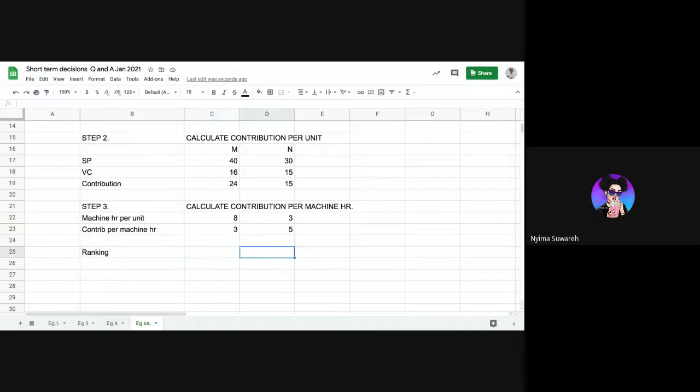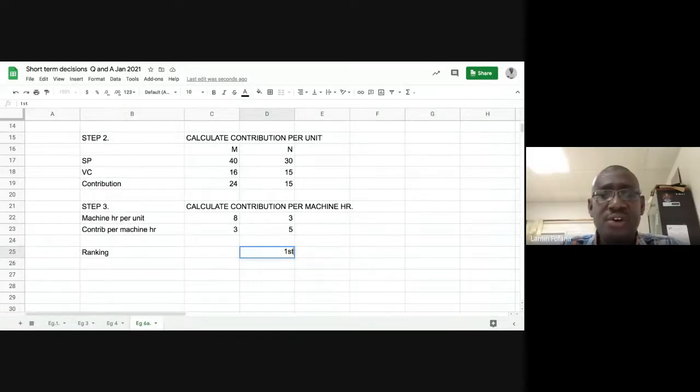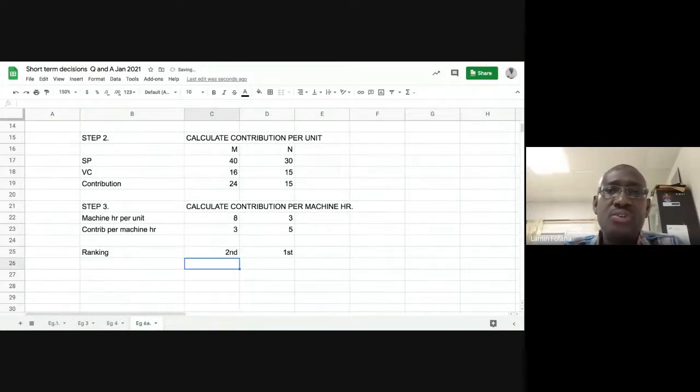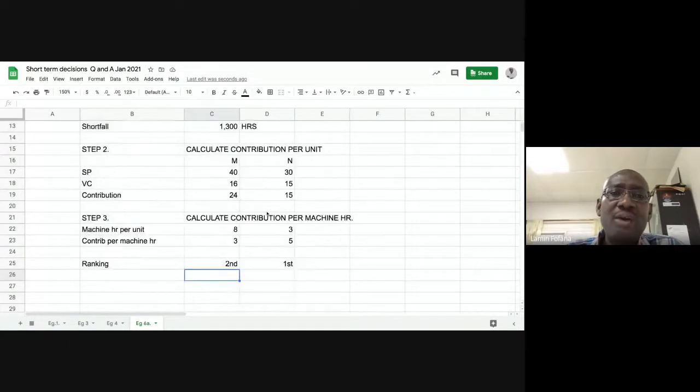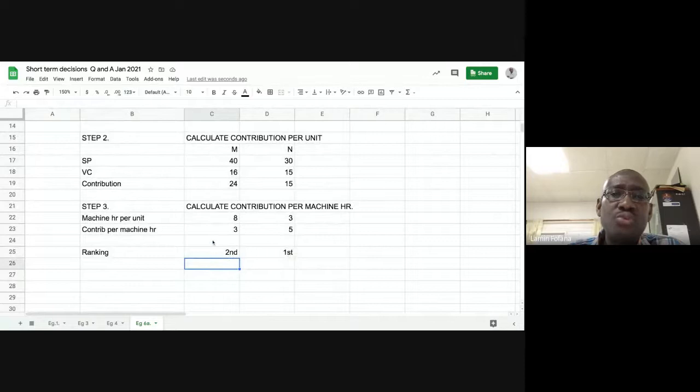Product N. So product N becomes first. And what about product M? Of course, there are only 2, so M will be second. So in other words, we have to make sure we produce everything of N, and whatever hours remain will be used to produce M, because by producing M we make more profit according to our scarce resource.